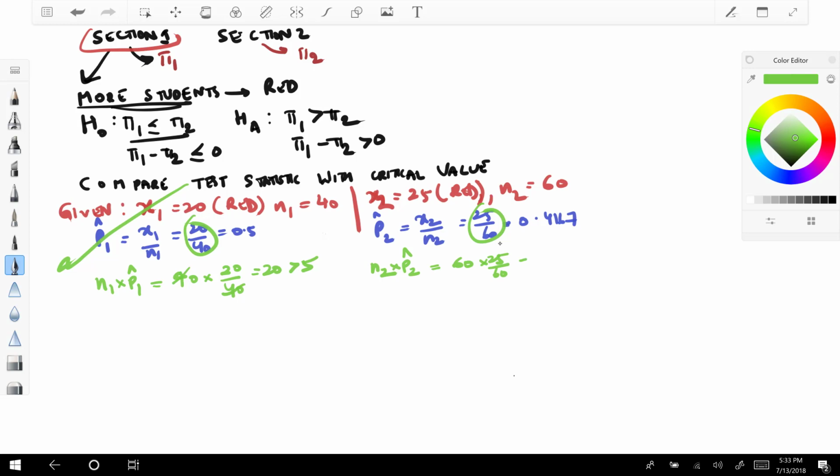So this is also going to give us 25, which is greater than 5. So the sample is large enough. Because of central limit theorem, our difference in proportions will behave normal.